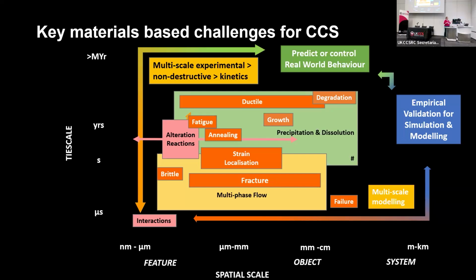This is a generic one for most geo processes, but most of it's applicable for carbon capture as well. We've got a range of different processes that operate from the microseconds, how long it takes a fracture to actually propagate in a stage, all the way through to things that operate over years, millions of years, when we look at carbonation and mineral alteration processes, depending on the temperatures and the fluids involved.